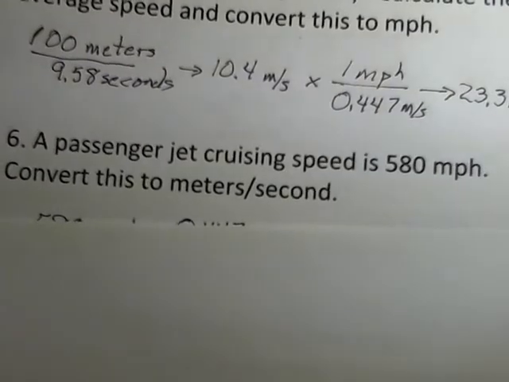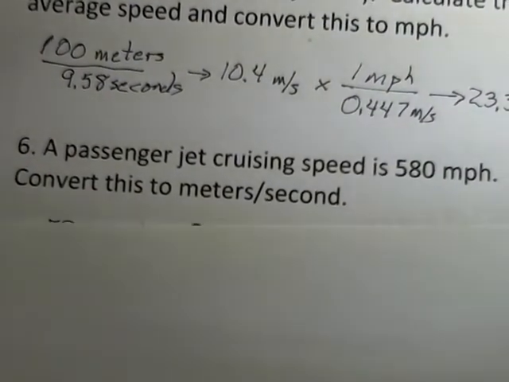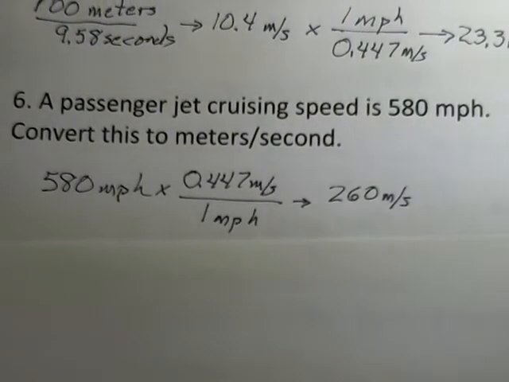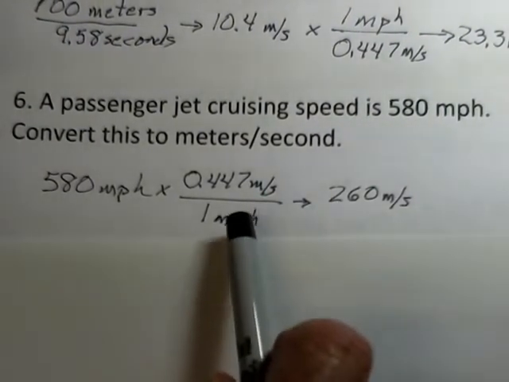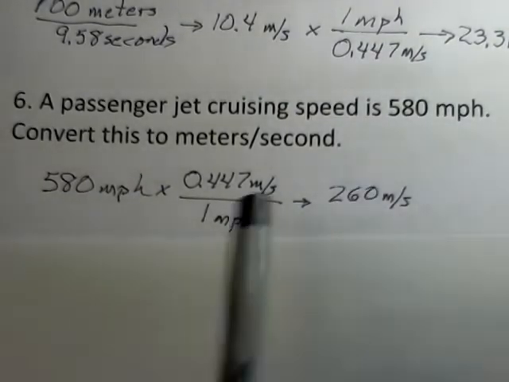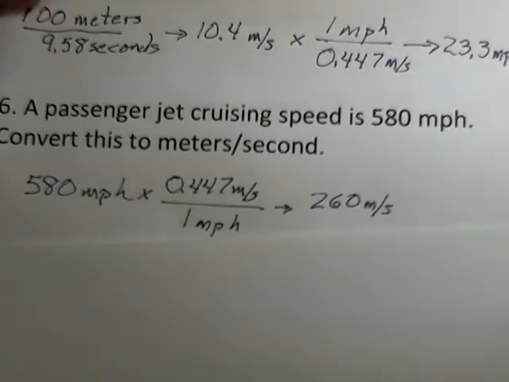A passenger jet, they have different cruising speeds, but sort of in the middle, 580 miles per hour. Bring in a conversion factor with miles per hour in the denominator, they cancel those units. So 260 meters per second. Very roughly, when you change from miles per hour to meters per second, the number is divided by a factor of 2.